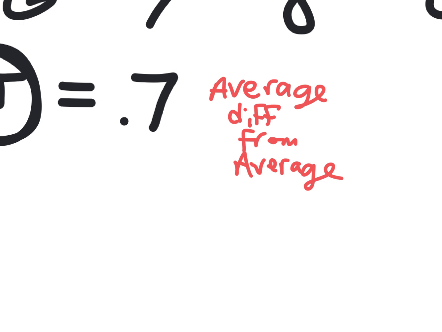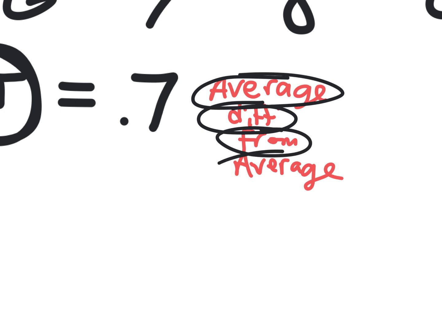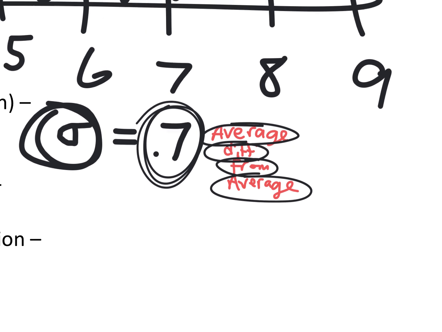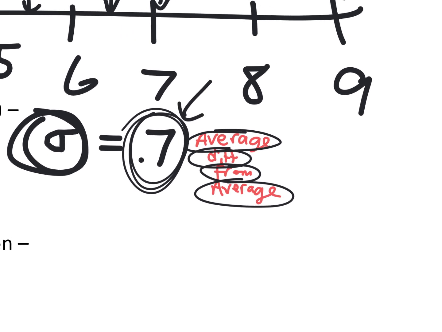The standard deviation is a little more complicated than this, but a good way to think of it is, it's like the average difference from the average. So if the typical kid in here was 1.5 sizes away from the average shoe size, then our standard deviation would be 1.5. This 0.7 means the average kid was 0.7 away from the average.